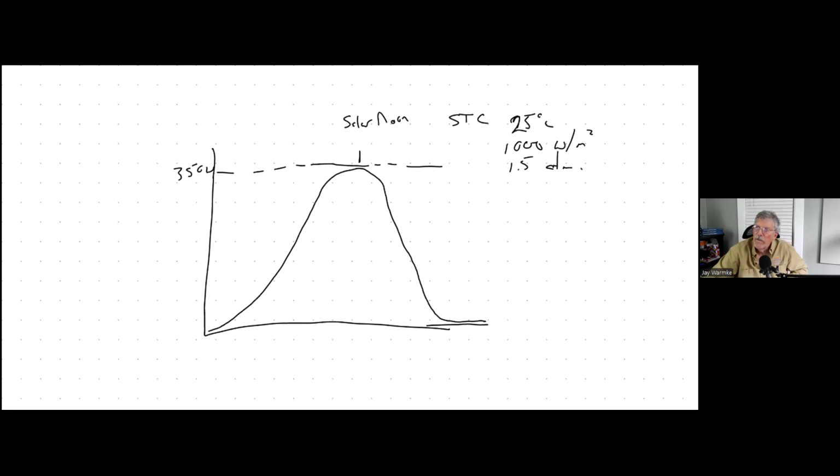Now, what happens if I put a microinverter that only has a capacity of 300 watts? So here's my inverter, and this is 300 watts. So what ends up happening is once the panel is producing 300 watts, the inverter can't produce any more.